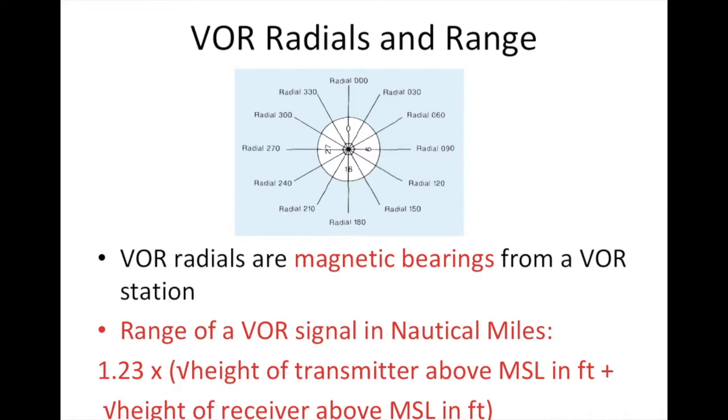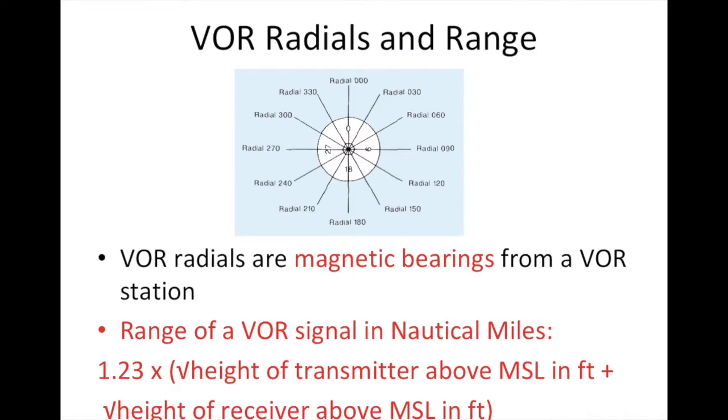How do we calculate the range of a VOR station? There's a simple formula that depends on the height of the transmitter, the VOR station, and the height of the receiver, yourself in the plane, in the cockpit, flying at a certain altitude. You want to understand whether you are within the range of the VOR or not.